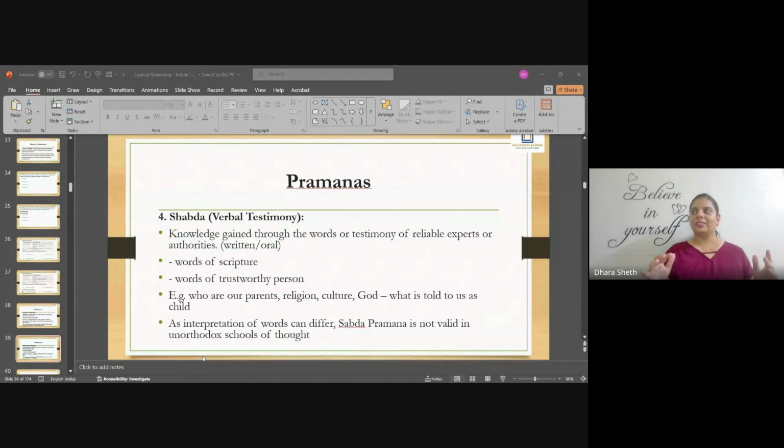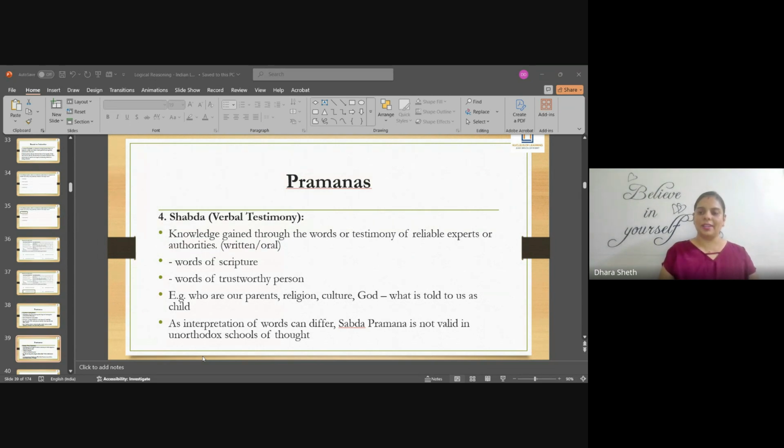If you are told that it is normal to eat non-veg, and that those who eat just vegetarian are pretentious people, then that is what you are going to believe for a very long time, unless you maybe go and find out other pramanas. So words of books, scriptures, and words of a trustworthy person, that is called shabda praman.